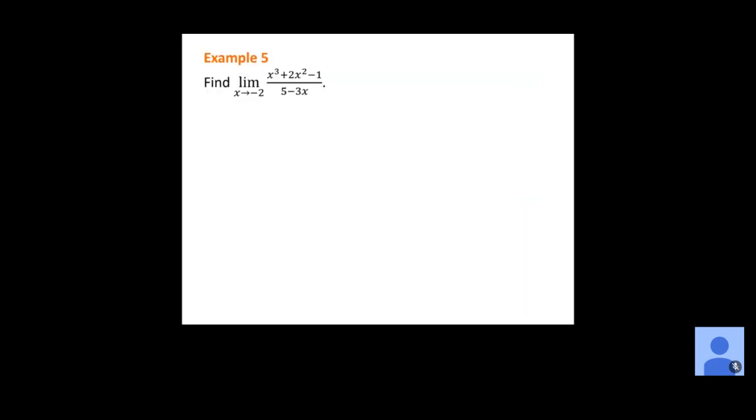All right, now we want to find our limit as x approaches -2 for this rational function. So how would we find the limit of this function?